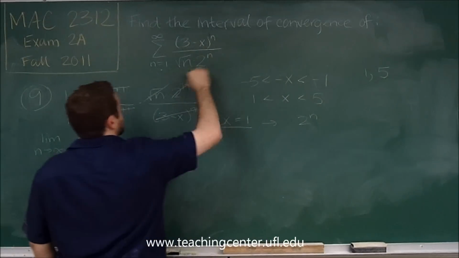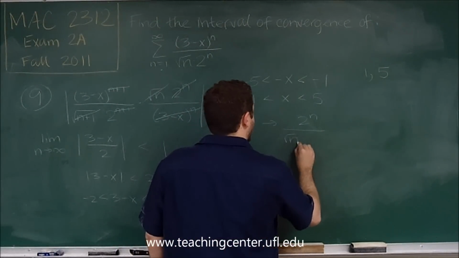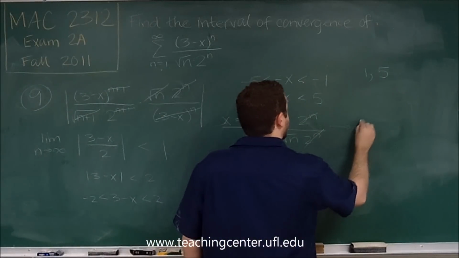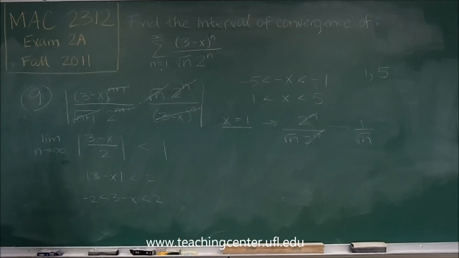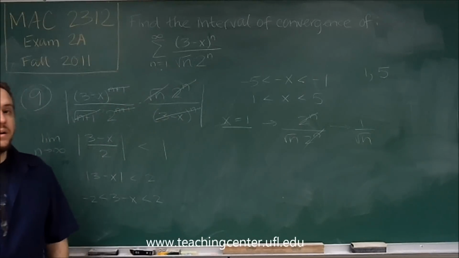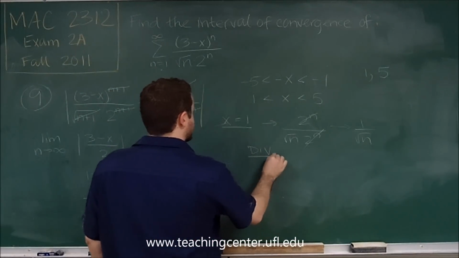So if you notice, the function part of our series here becomes 2 to the n over square root of n times 2 to the n. These 2 to the n's cancel out, and we just get 1 over square root of n. Now 1 over square root of n is just a p-series that does not converge. So therefore, x equals 1 diverges.